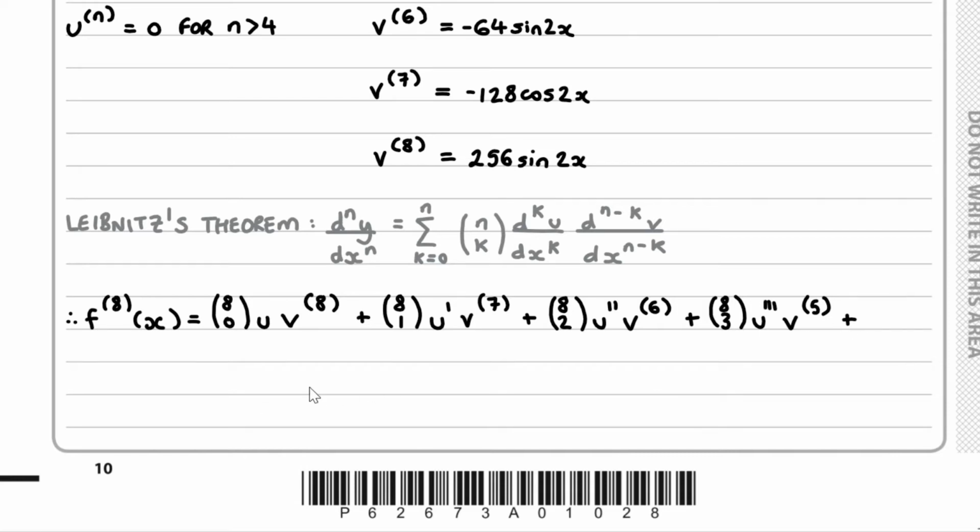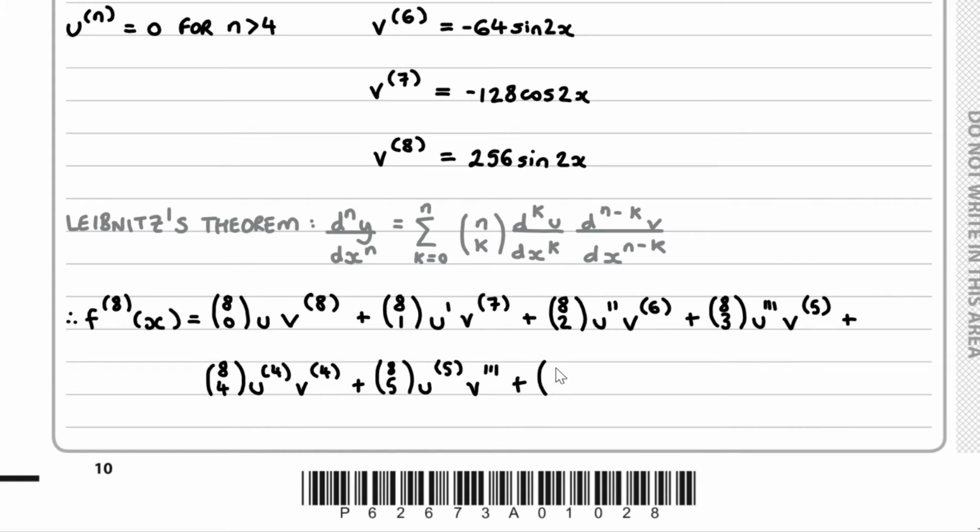And then we have 8 choose 4 times the 4th derivative of u times the 4th derivative of v. And then we have 8 choose 5 times the 5th derivative of u multiplied by the 3rd derivative of v.